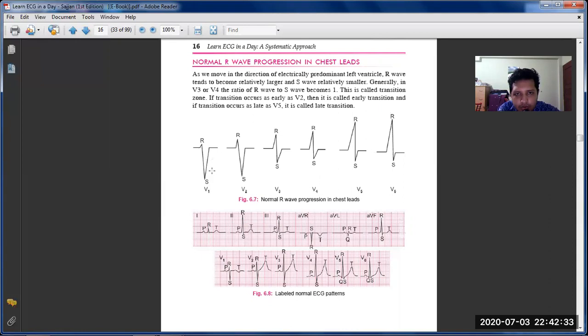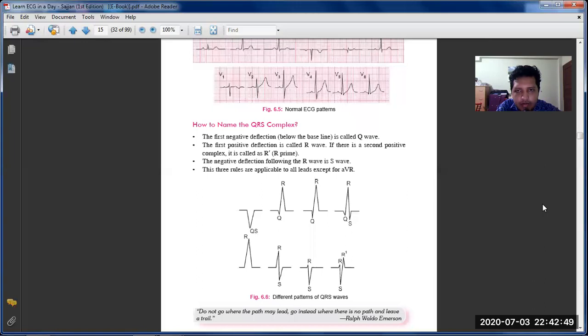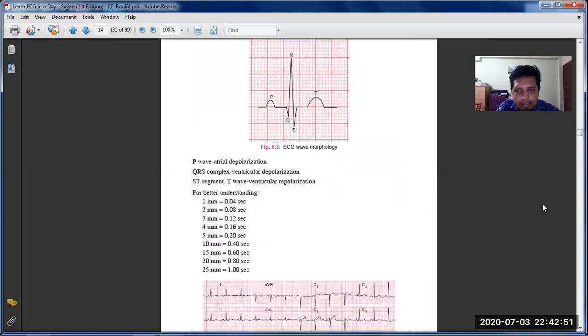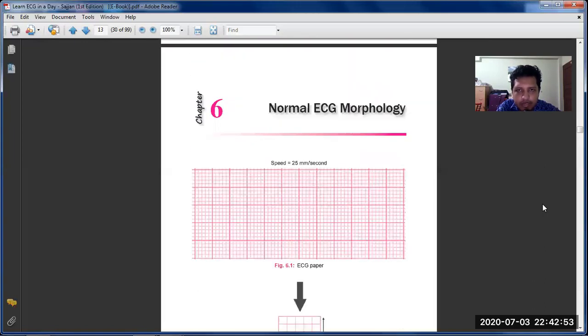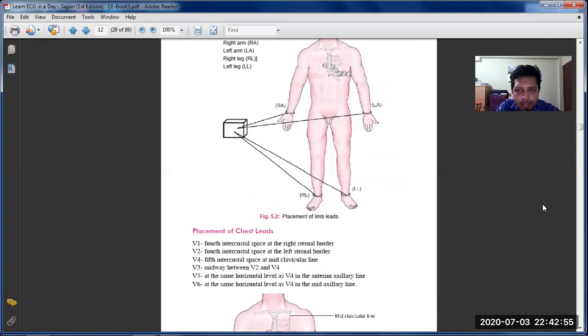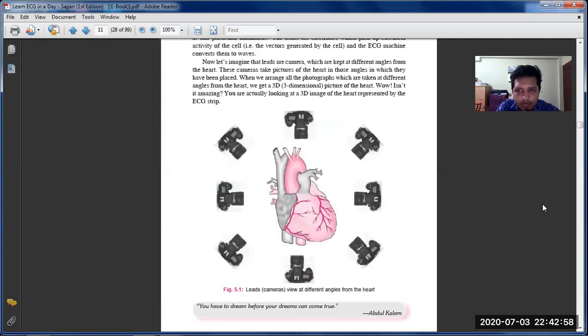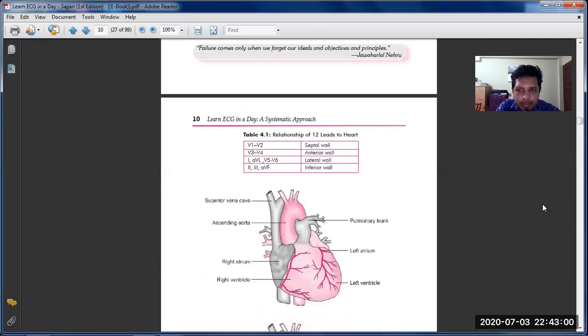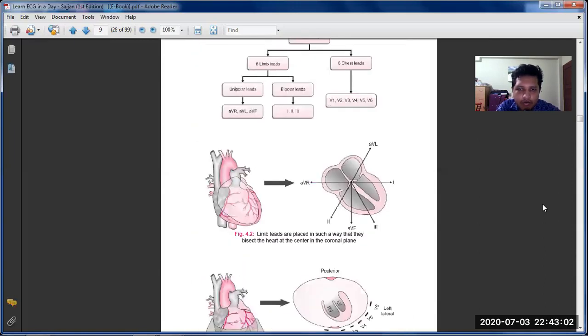But when we go through V2, V3, V4, V5, and lastly V6, we can see that the positive deflection is more and the negative deflection is less, because V1 is situated on the right side of the heart and V6 is situated on the left side of the heart, and the heart anatomically lies on the left side of the body. Its apex and its axis are always to the left side of the body.